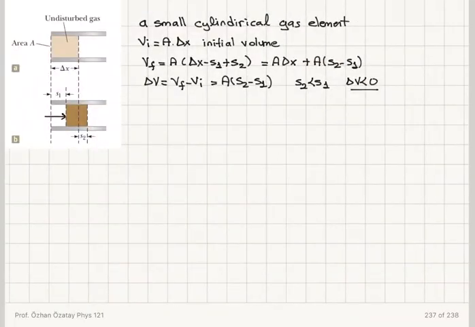So the change in pressure delta P is related to this change in volume: minus B delta V divided by V initial. If I substitute here, this is going to be minus B times A times delta s, divided by A times delta x, the initial volume.